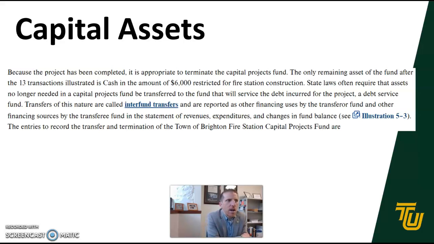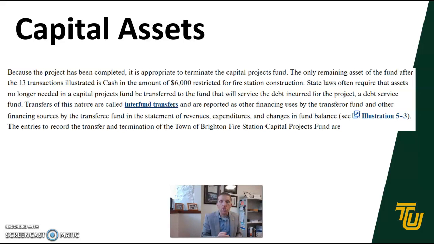A few more things here on capital assets. One of the tail end elements within that capital projects fund is what's called the interfund transfer, and this is kind of like the shutting down of that capital projects fund. As the example in your textbook describes, the only remaining asset in the fund after the transactions were recorded was $6,000 in cash.